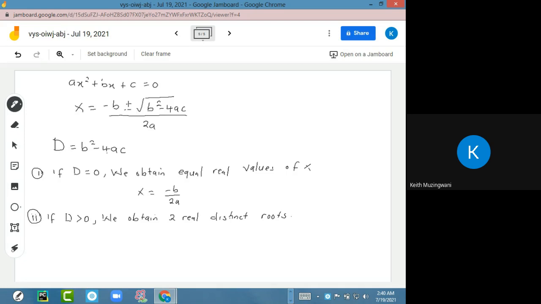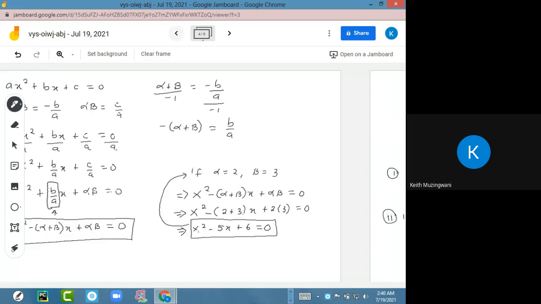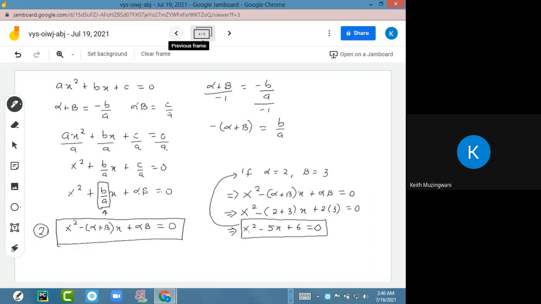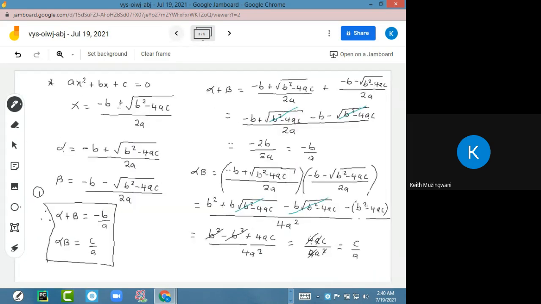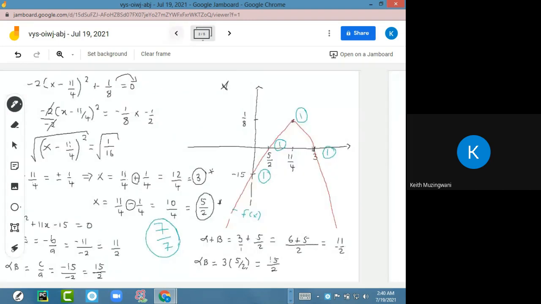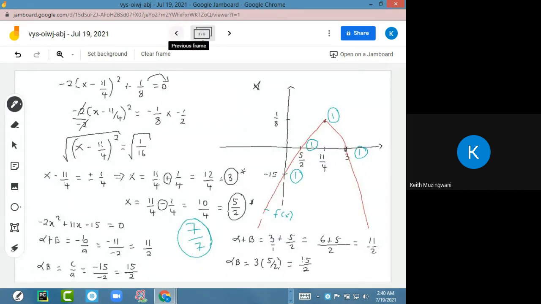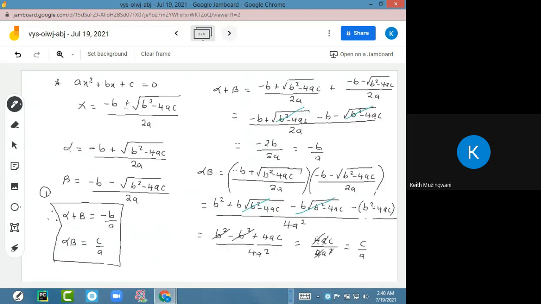And for sure, you can see that these are cases where the root could have 2 parts, where you would get 3 and 5 over 2. Those are real numbers.